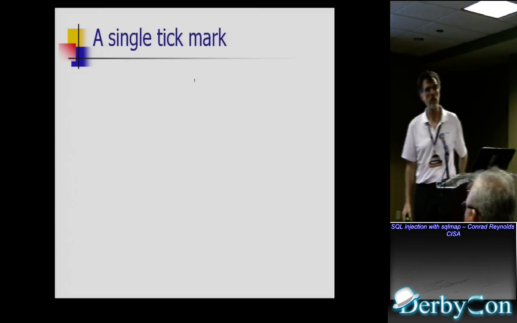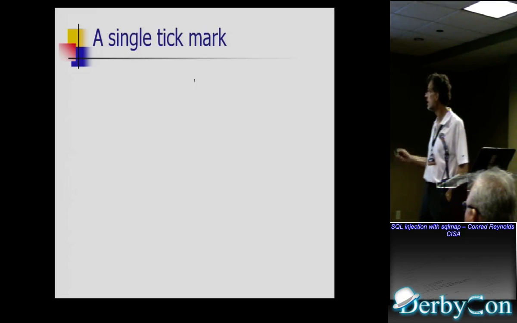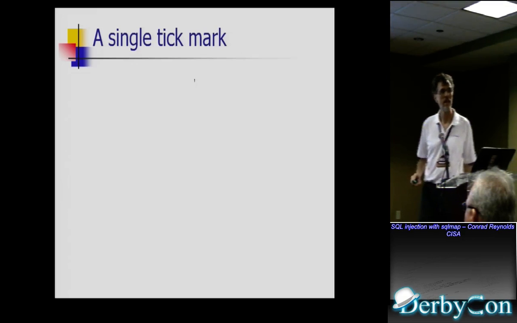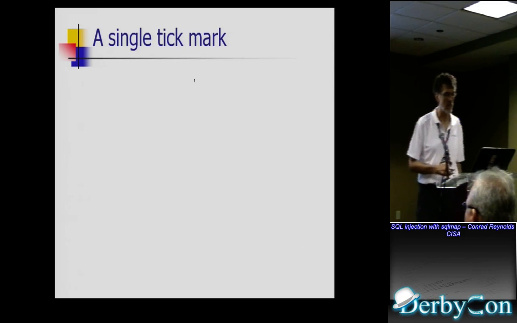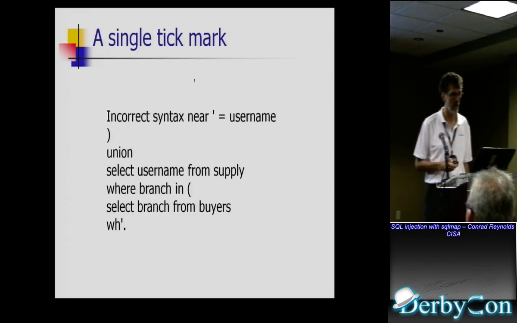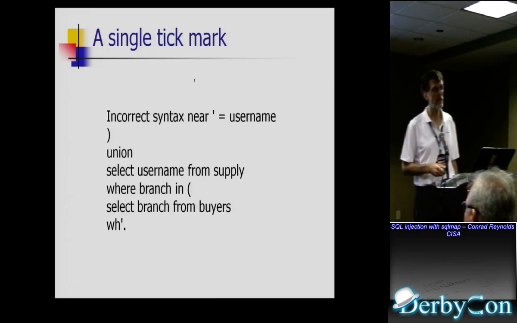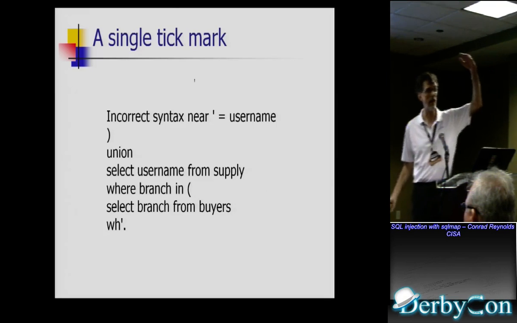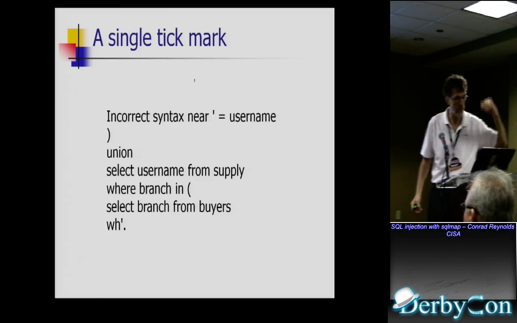So the first thing I did was I put in a single tick mark, which you might be able to see right there. I tried injecting that one little single tick mark just to see what was going to happen. And sure enough, the website, very obligingly, replied with an error message, and it showed me part of what was clearly a long and complicated SQL query.